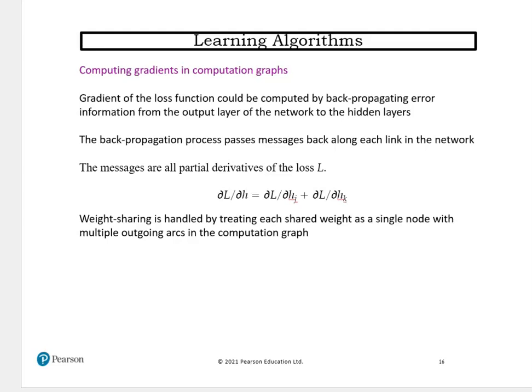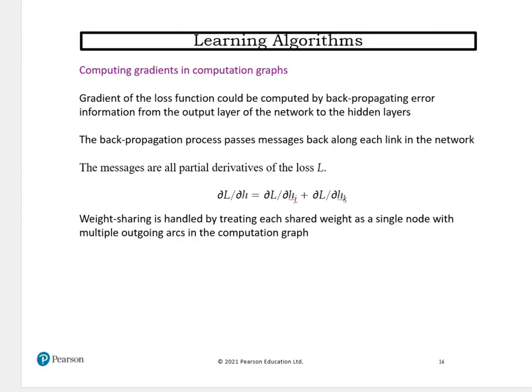Now, this information that we calculate at each layer is essentially all the partial derivatives of the loss function L. For example, the backward message partial L partial Hj is the partial derivative of the loss function L with respect to J's first input, which is the forward message from H to J.